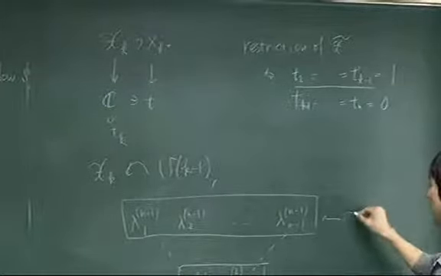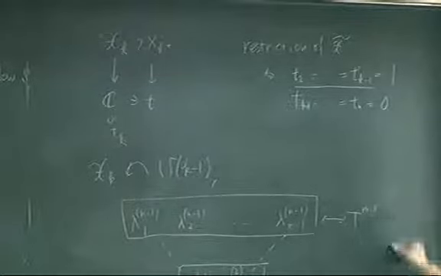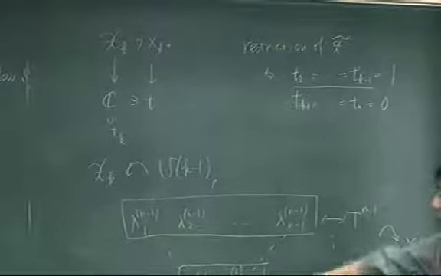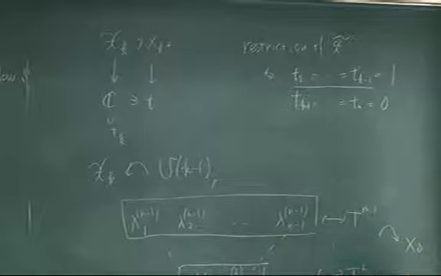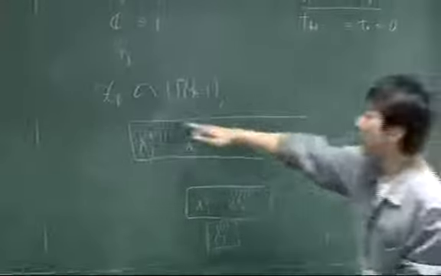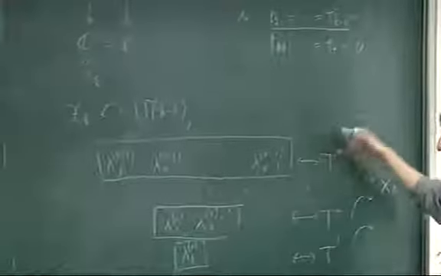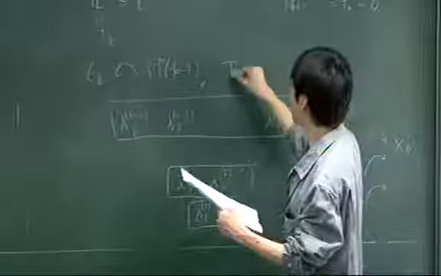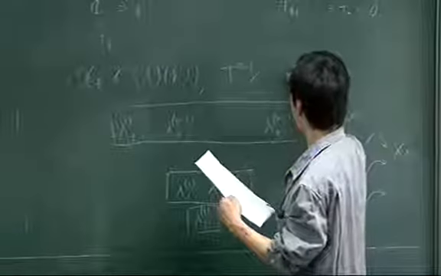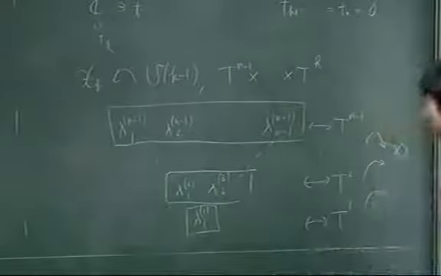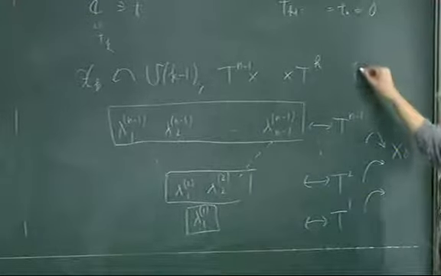This gives an n-1 dimensional torus acting on this x0, and this row corresponds to a two-torus action, which also acts on x0. So we divide the torus action on this space in this way. Then this space has the action of a subtorus.